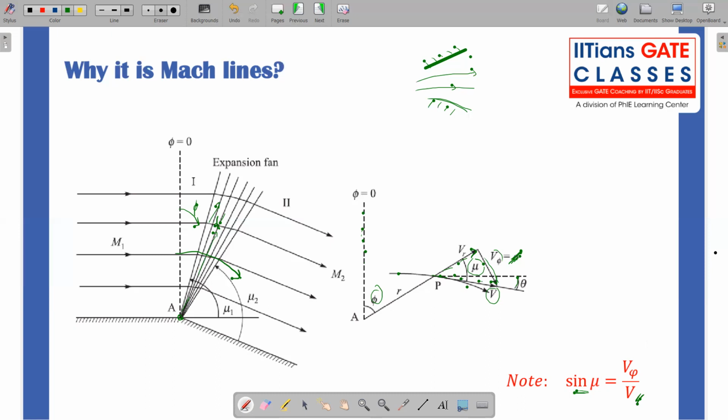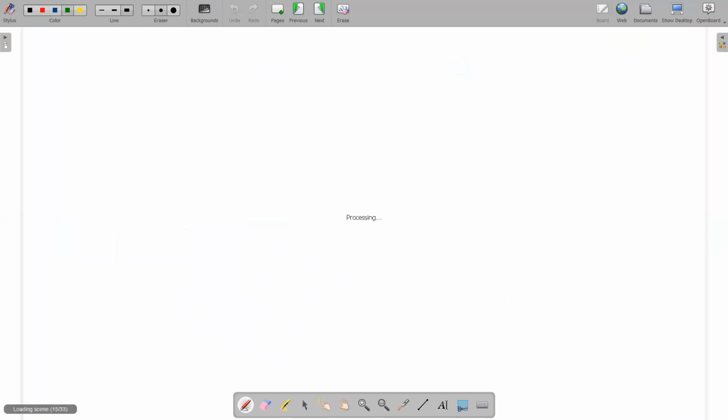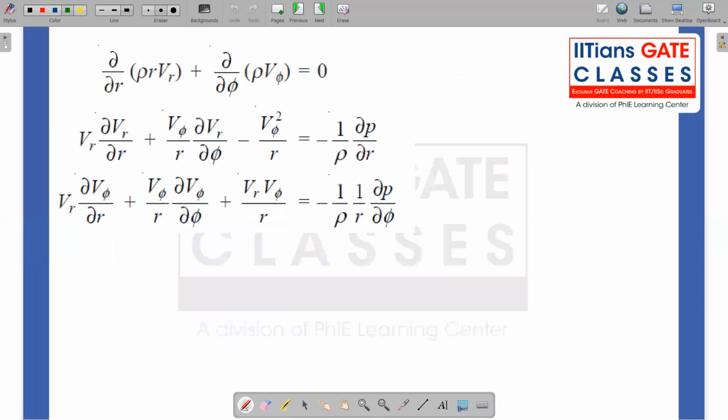So now we will move on to introduce the governing equations. What are the governing equations we are actually interested in? Of course, we are interested in the continuity equation and the momentum equation. The continuity equation and momentum equation are vector equations, we have to remember. So we have to write them in two components of velocities.